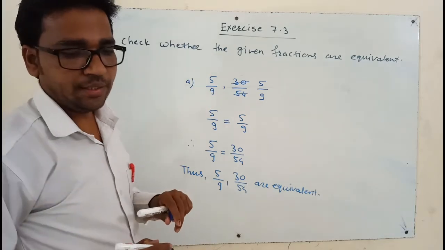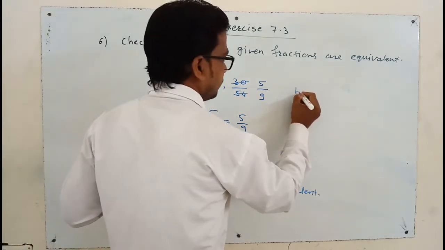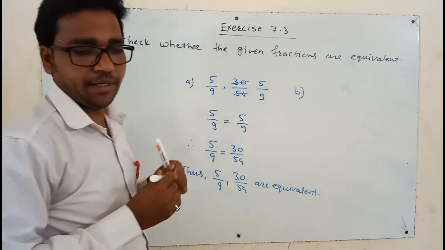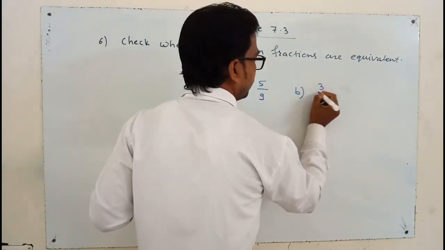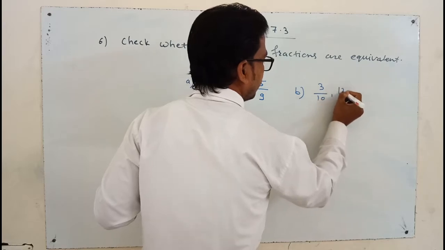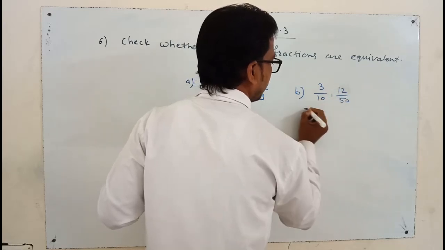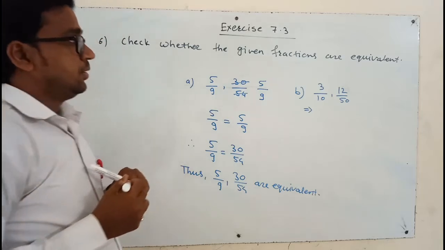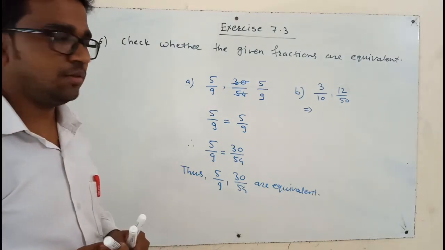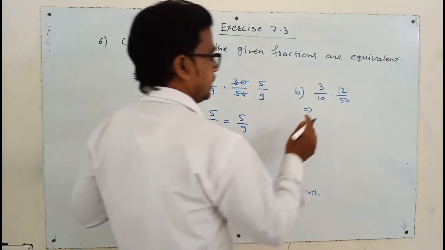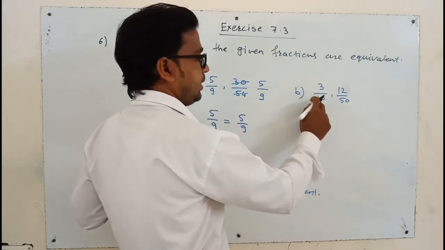Okay, the next is 3 by 10 and 12 by 50. Now, are these fractions equivalent? We check. Here 3 and 10 are there.